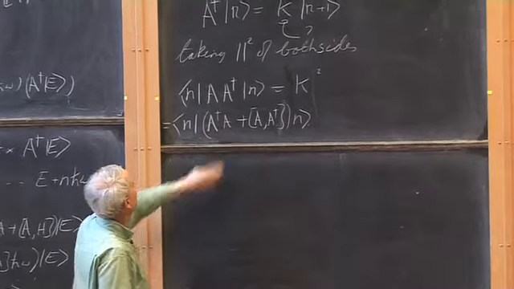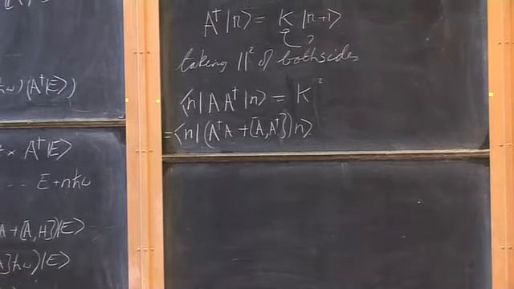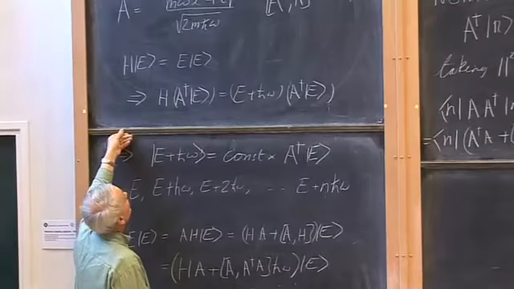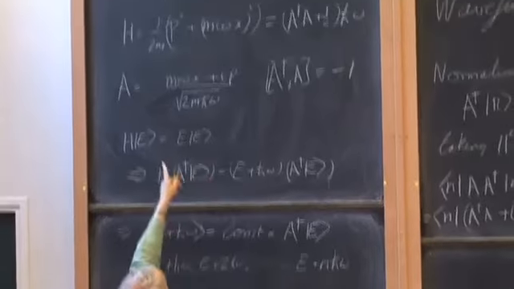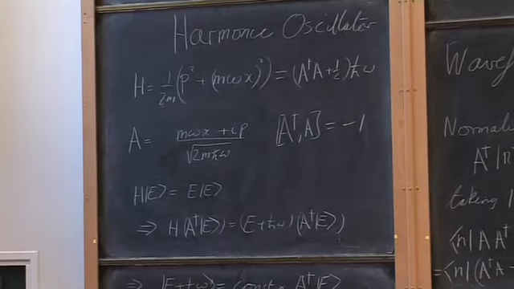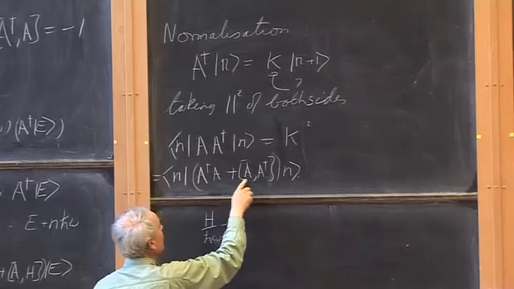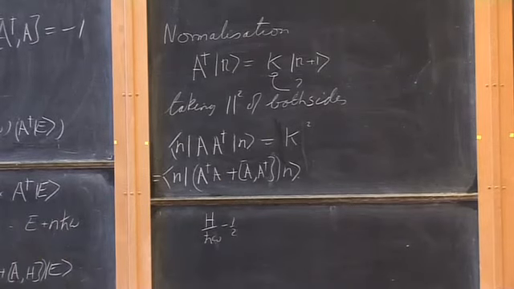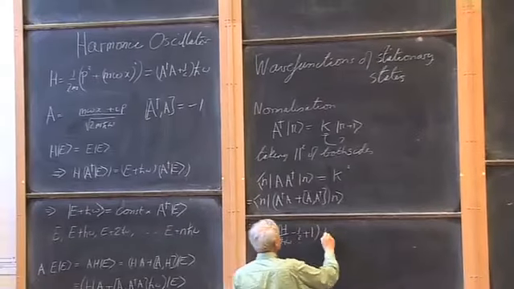This is the Hamiltonian over h bar omega minus a half. So this is H over h bar omega minus a half. That's this thing. And what's this? This is plus 1, I think, because the commutator the other way around was minus 1, so this is plus 1. So that's that.